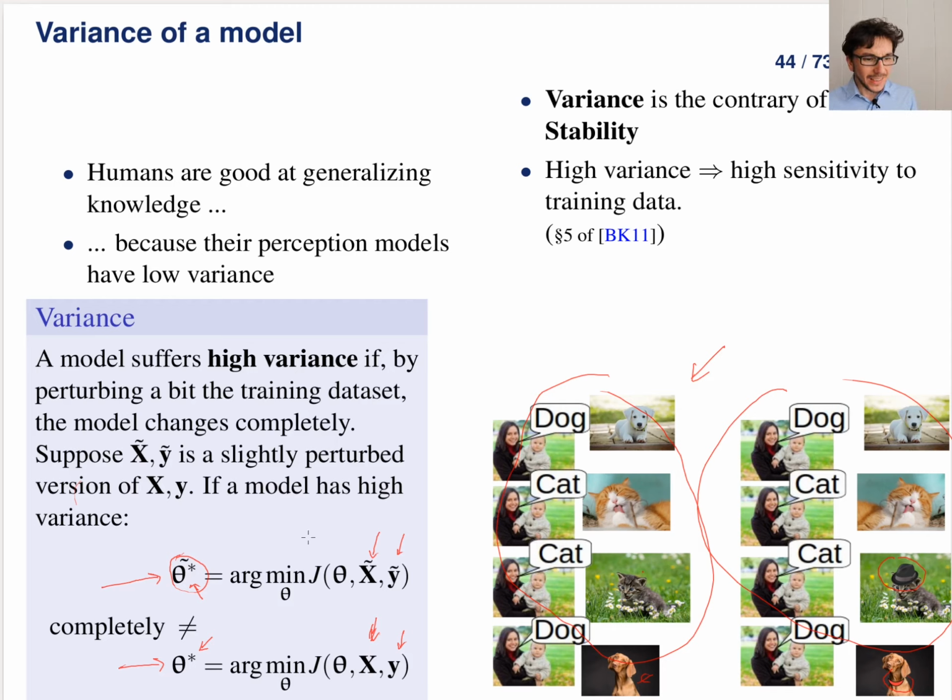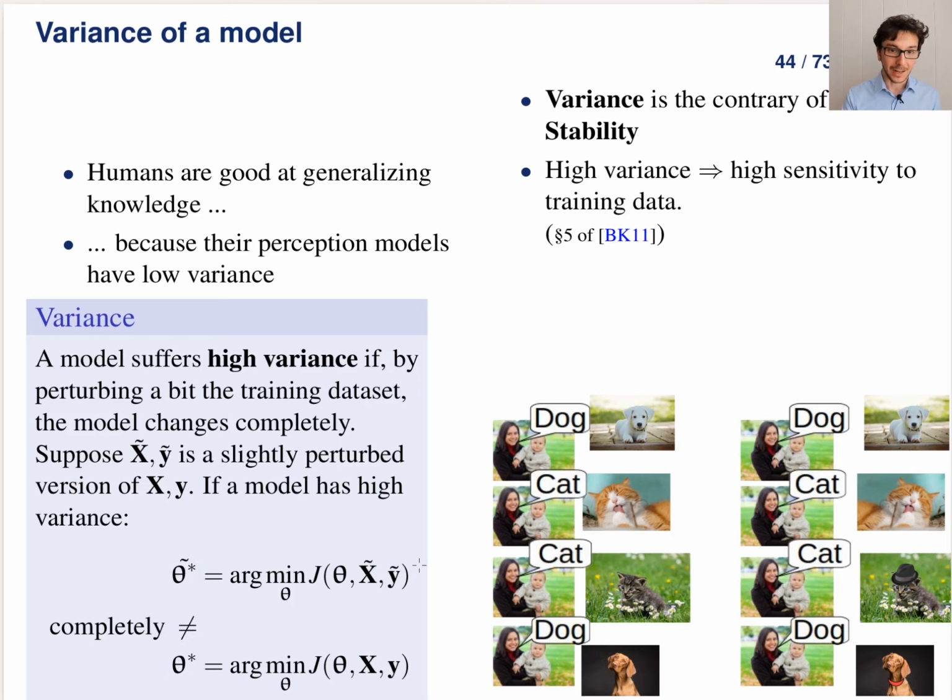So when we run a machine learning algorithm, we try to imitate humans. So we want to avoid high variance models. And the case of multicollinearity is an example of high variance models. We will also see along this course other examples of high variance models.